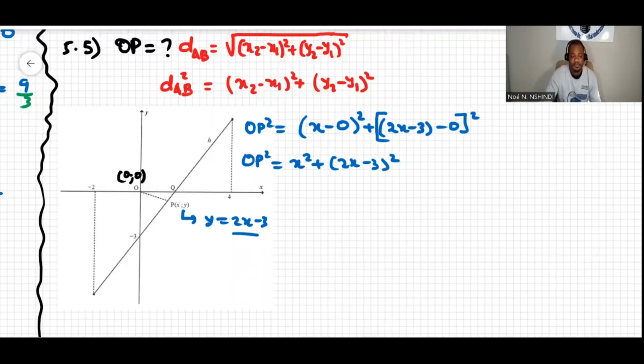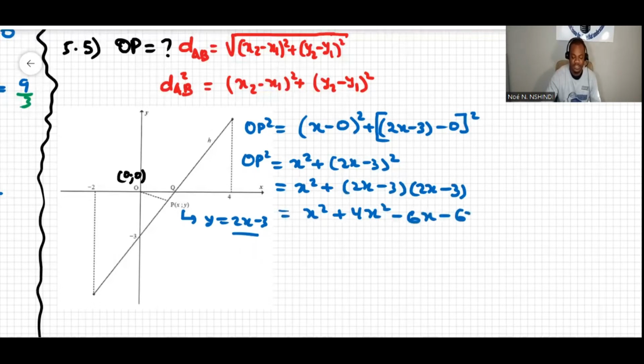And then we can expand this. This is x squared plus 2x minus 3 times 2x minus 3. This will be x squared plus 4x squared minus 6x minus 6x plus 9, which makes x squared plus 4x squared minus 12x plus 9.